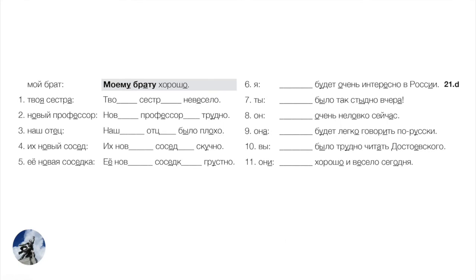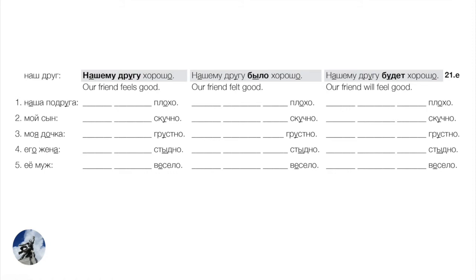Okay, next exercise, just some more examples. Now here we're taking a present tense phrase with one of these adverbs and making it past and future just to underscore that we're always using neuter singular forms of these verbs in the past and future. So let's start with the dative. We need the dative of наша подруга.